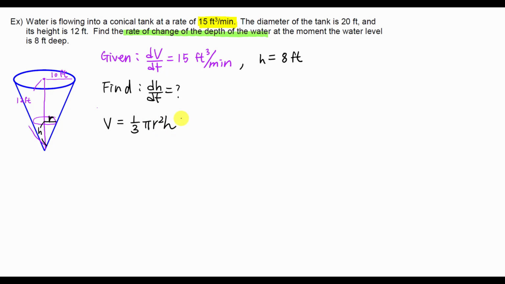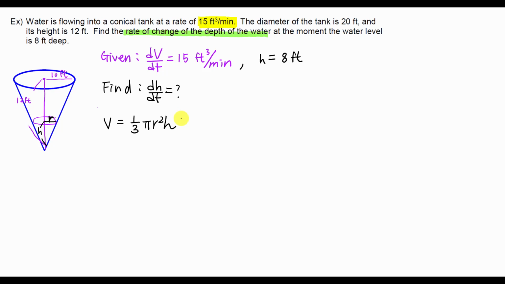I know volume is changing as water is coming in. I know radius is changing. I know the depth of water, which is the height of water, is changing. But when I take the derivative of this with respect to t, I have three variables here, and I don't have any information about r. I don't have a dr/dt, I don't have an r.